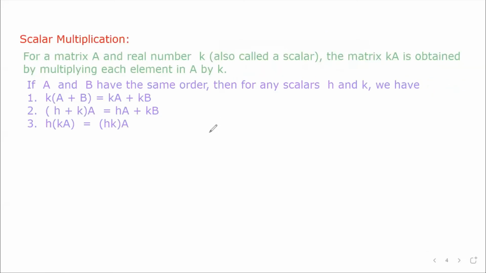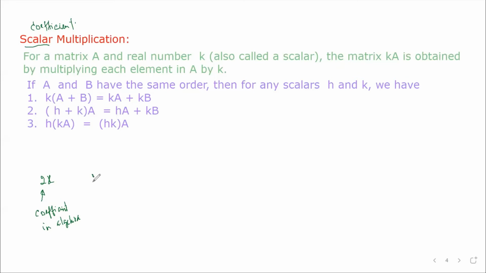Next one, scalar matrix. Scalar, in algebra, we call coefficients. For example, in algebra, if we say 2x, this 2 we call a coefficient.